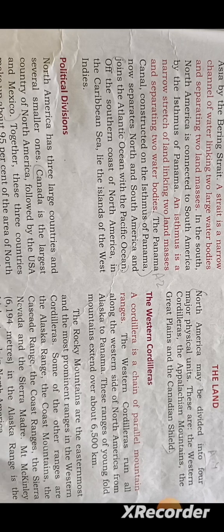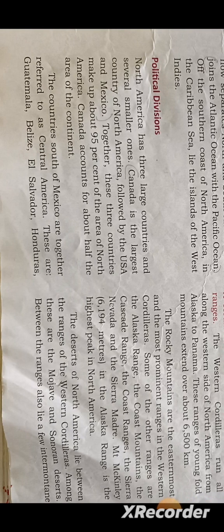Here we can see the Rocky Mountains, on the easternmost side of North America, and some ranges are given: Alaska Range, Coast Mountains, Cascade Range, Coast Range, Sierra Nevada, Sierra Madre. In that, Mount McKinley in the Alaska Range is the highest peak in North America.